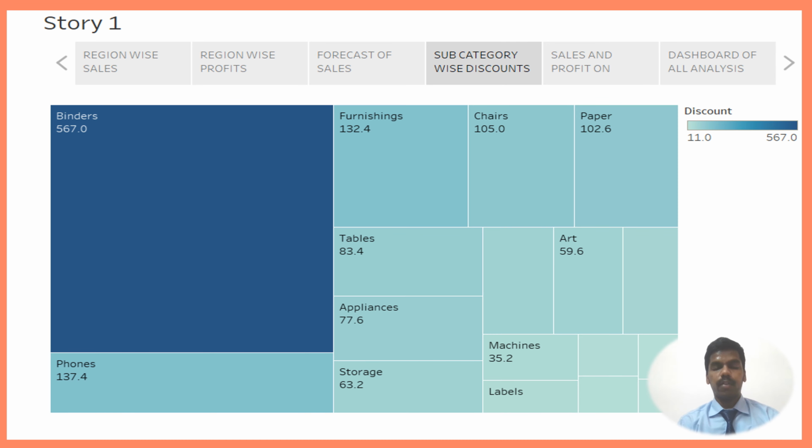As I said, we cannot give the same level of discount for all the products. Discount will vary according to the product and what the company decides. So in this we can easily analyze which appliances or home appliances or furniture have received more discount compared to the other appliances.